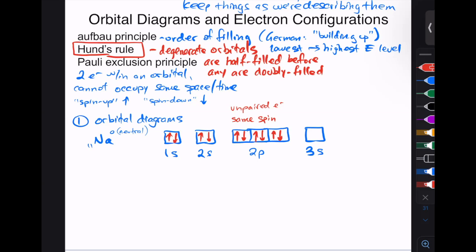Meaning that the only time we're going to double fill one of these orbitals is when all of the degenerate orbitals have one electron in them already. And really, it's just following the Aufbau principle. It's just more subtle.